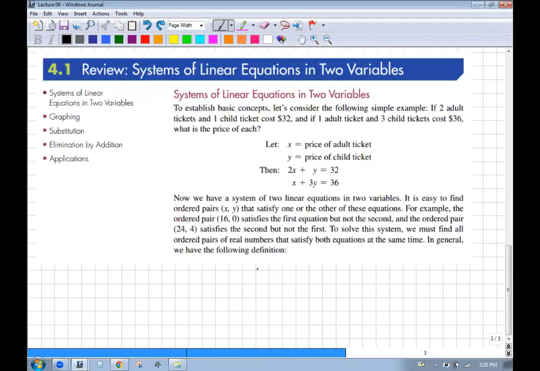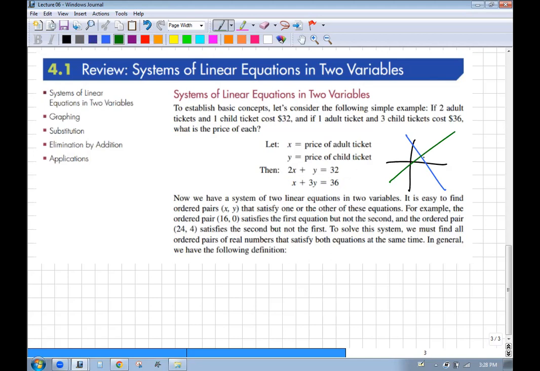All right, so 4.1, we're going to deal with systems of linear equations in two variables. If I give you two equations with two variables, well, think about it. This one has an infinite number of solutions. This one here also has an infinite number of solutions, okay?